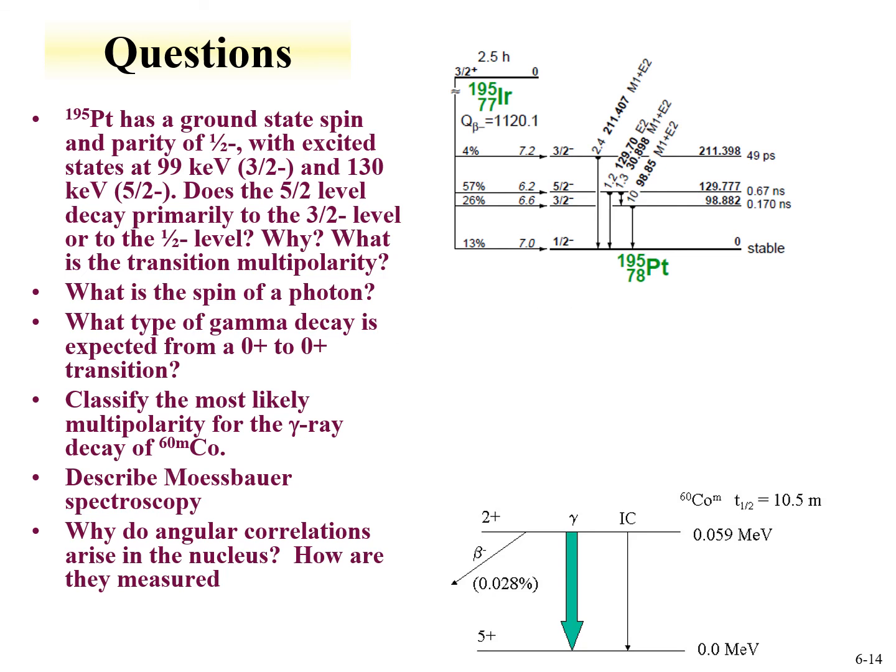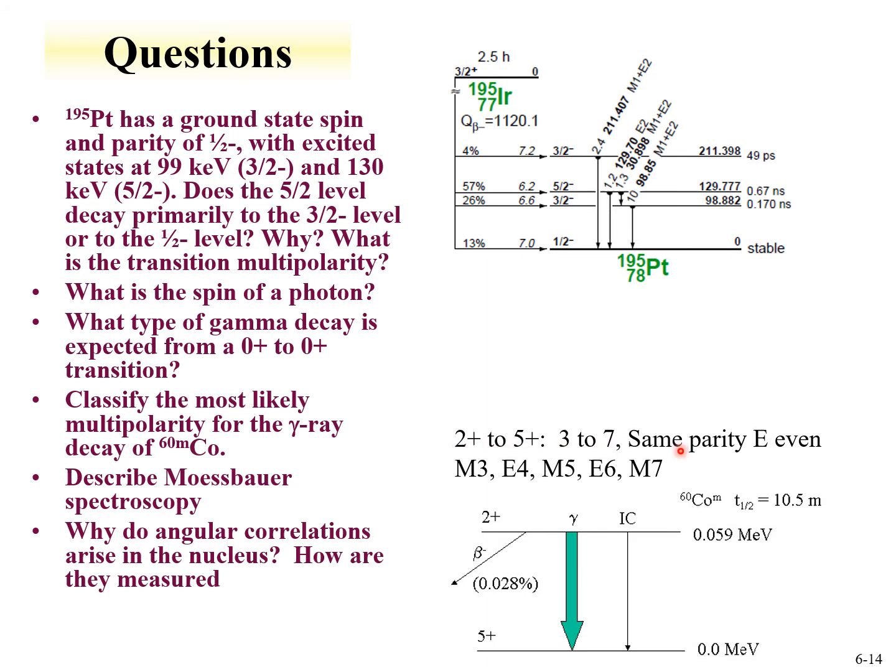Another type of question would be classification of the multipolarity of gamma ray decay, for instance what's shown here for cobalt 60M, the metastable state of cobalt 60. This state is a 2 plus state to a 5 plus state, so the transitions would be 5 minus 2, which is 3, or 5 plus 2, which is 7.